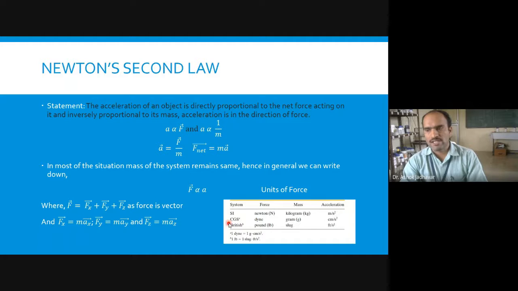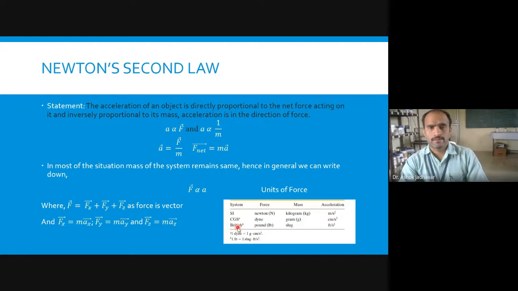If you look at the CGS unit system, the unit of force is dyne, the unit of mass is gram, and the unit of acceleration is centimeter per second square. This way we can determine it in the CGS unit system. We also have another unit system, the British unit system.